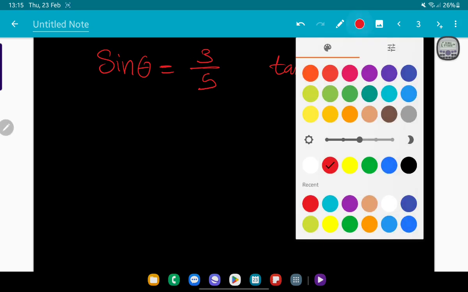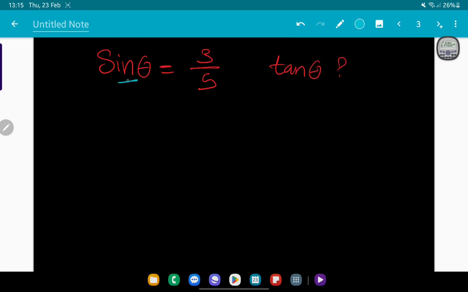If you are given that sine of an angle equals 3/5, can you find out what's tan of the same angle? You can pause the video to think, then replay it. You know that sine is the opposite over the hypotenuse.